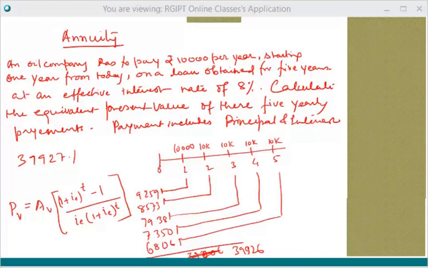And so similarly, now let me ask you this. An oil producer acquired some production equipment by paying rupees 10,000 as down payment, and agreed to pay the balance in 4 year-end installments of rupees 10,000.